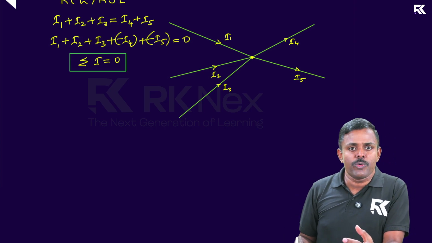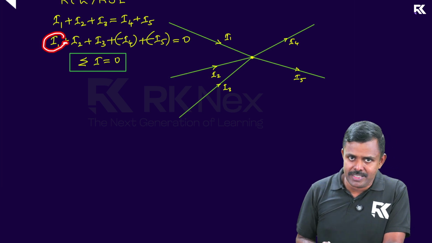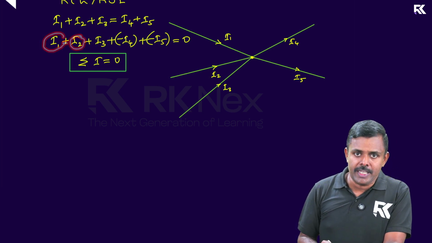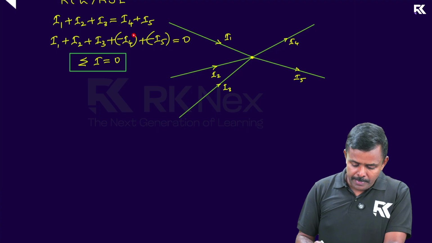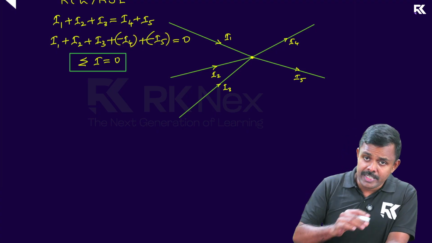We can write this equation in terms of charges. I1 may be written as Q1 by T, then Q2 by T, Q3 by T, minus Q4 by T, minus Q5 by T. So all the T's are cut.